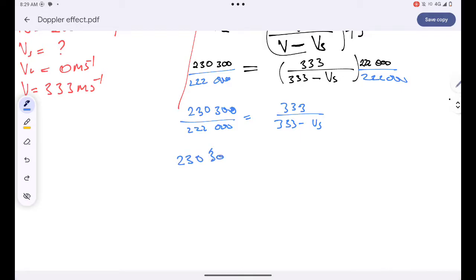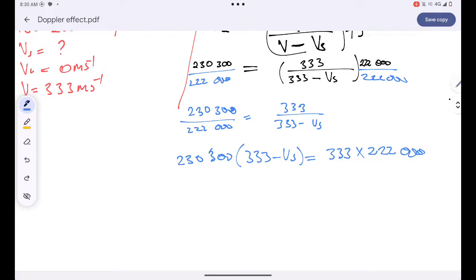I'll simply have 230,300 multiplied by 333 minus Vs is equal to 333 multiplied by 222,000, all together.